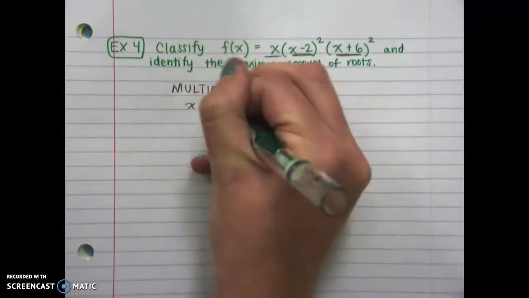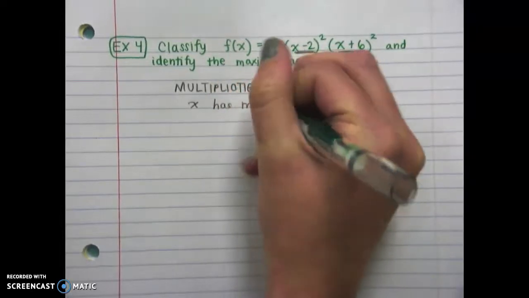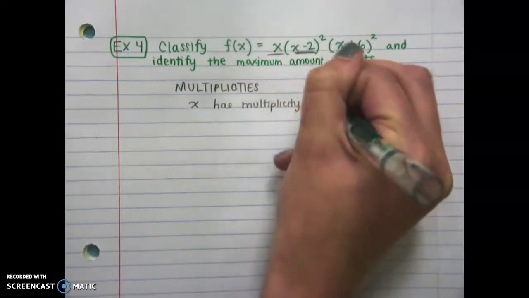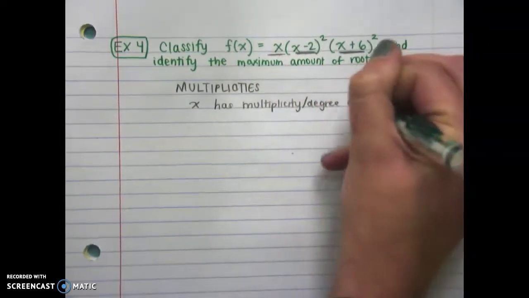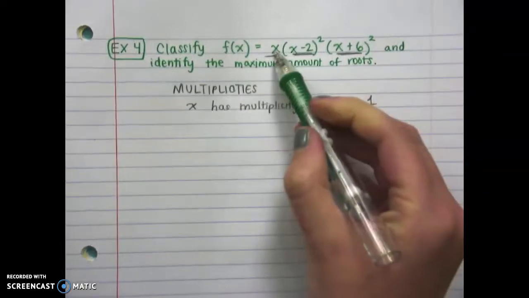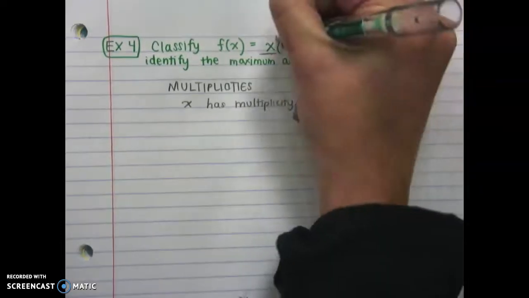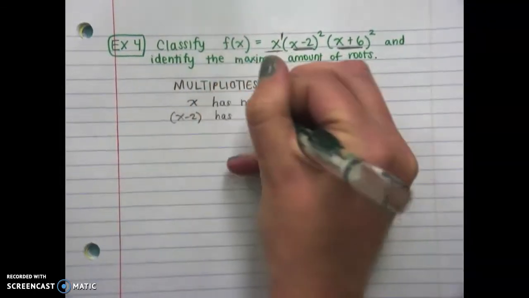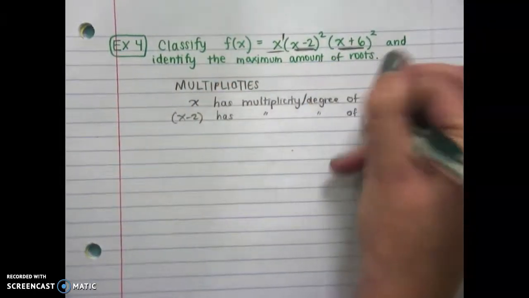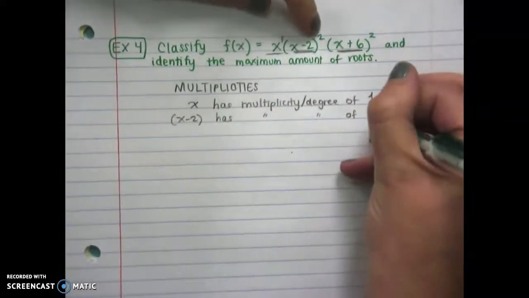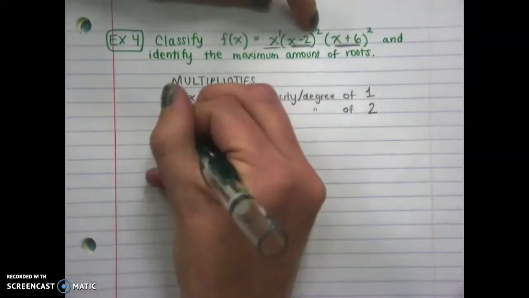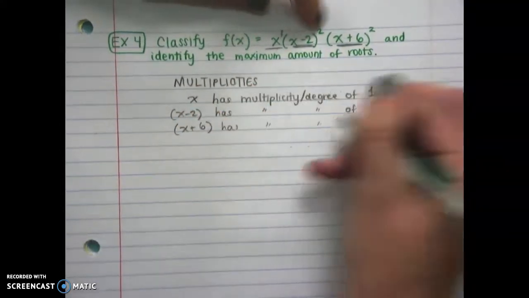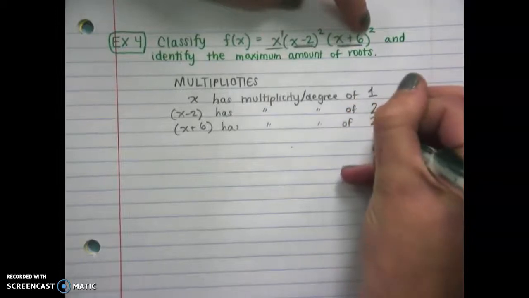X has a multiplicity, degree, of 1. There is no exponent written for x, we know it's 1. X minus 2 has a multiplicity or a degree of 2. X plus 6 has a multiplicity or degree of 2.